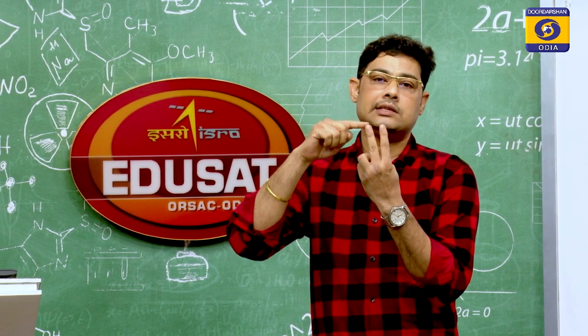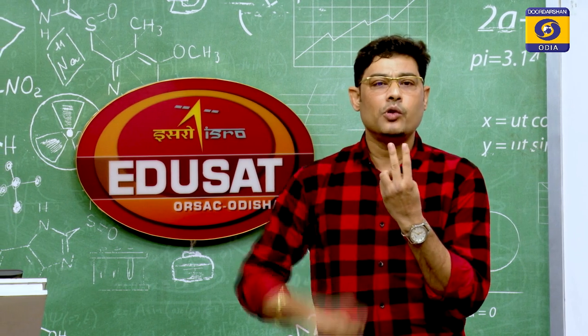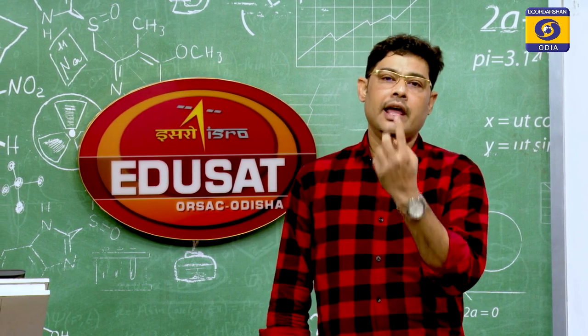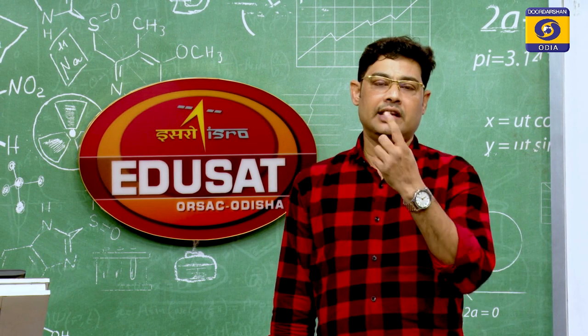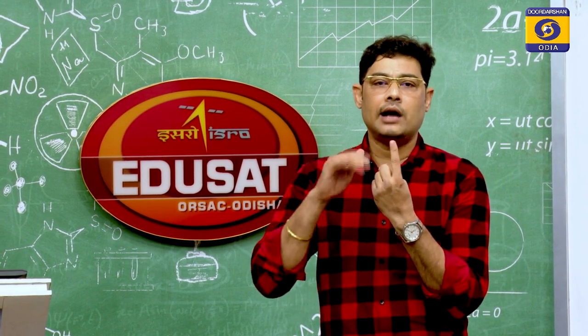Suppose this is a flower, this is the male part and this one is the female part. When both the parts are present in the flower, naturally the chance of self pollination is more. Suppose in a diclinous staminate flower, only the male part is present and the female part is absent.